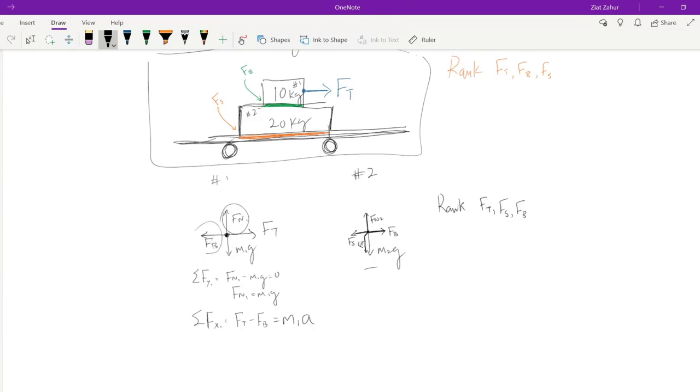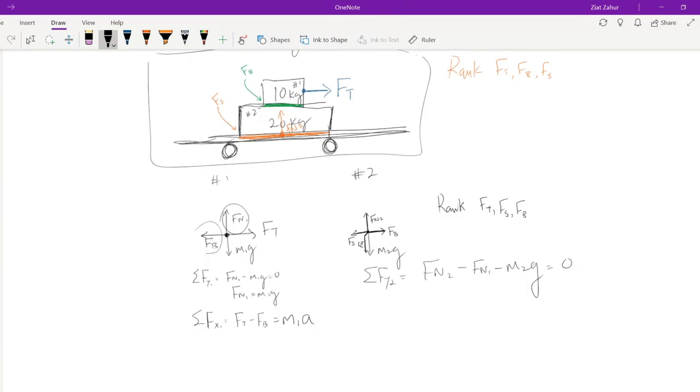Here in sigma Fy2, we have the normal force N2 up. This is the normal force felt here at the base, at the bottom of block 2, minus Fn1, minus M2g, is equal to 0.